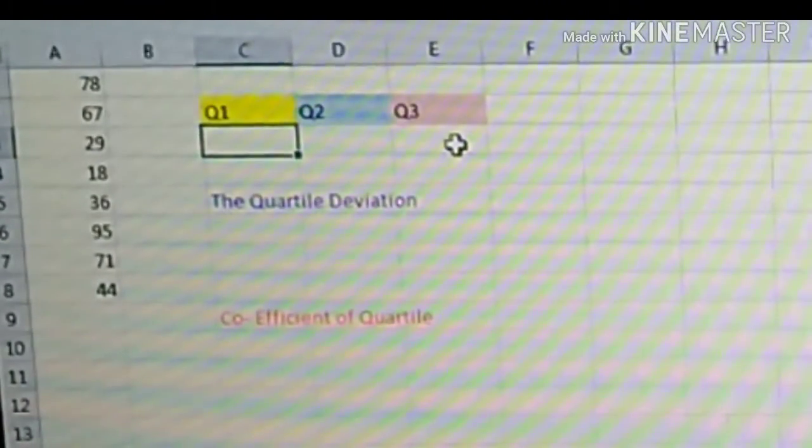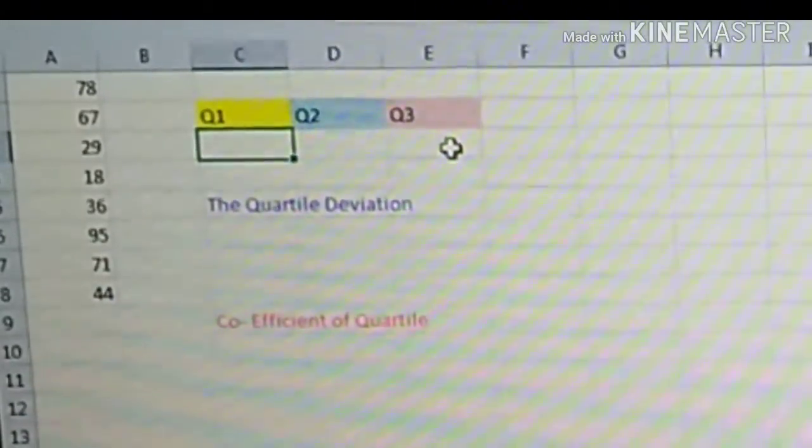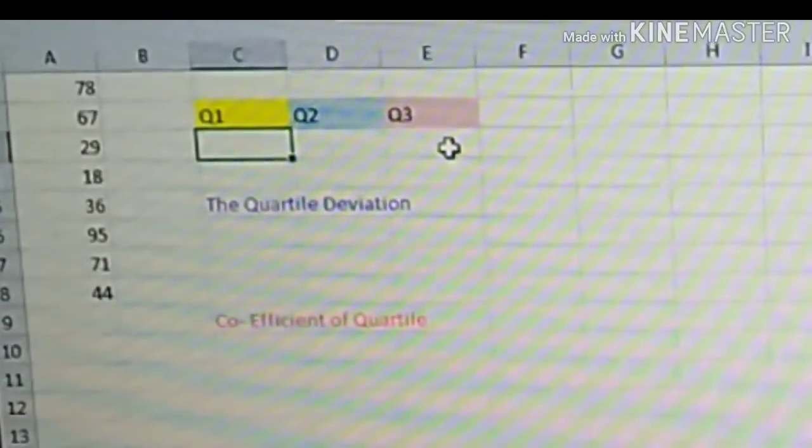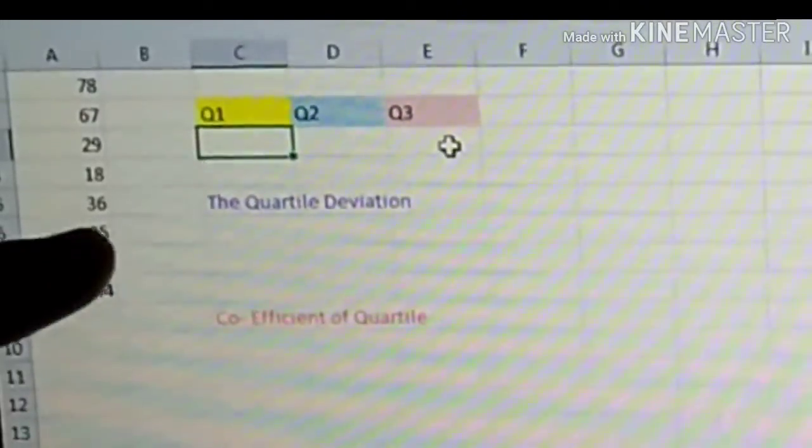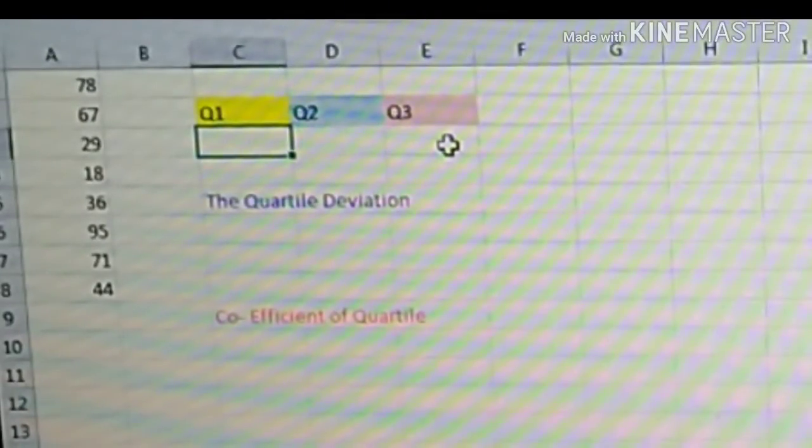So, we need to get quartile 1, quartile 2, and quartile 3 to get the quartile deviation.